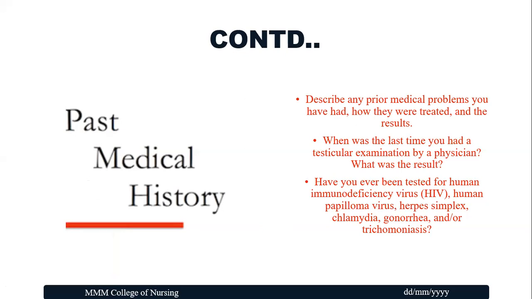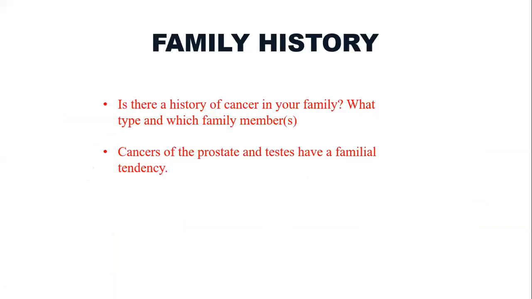Have you ever been tested for HIV or HPV, that is human papilloma virus, herpes simplex, chlamydia, gonorrhea, and trichomoniasis? Moving on to the family history, is there any history of cancer in your family? And what is the type, if so, and which family member has it? That is to be inquired. The cancers of the prostate and testis have a familial tendency.